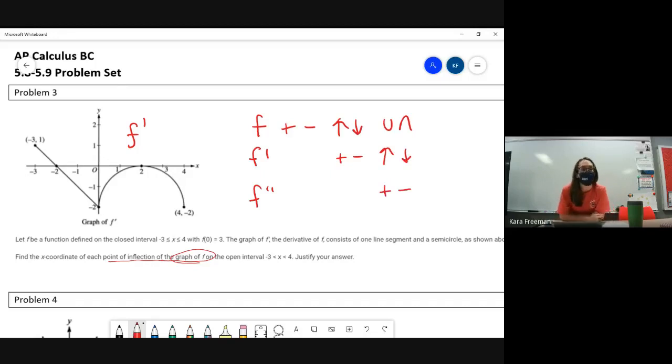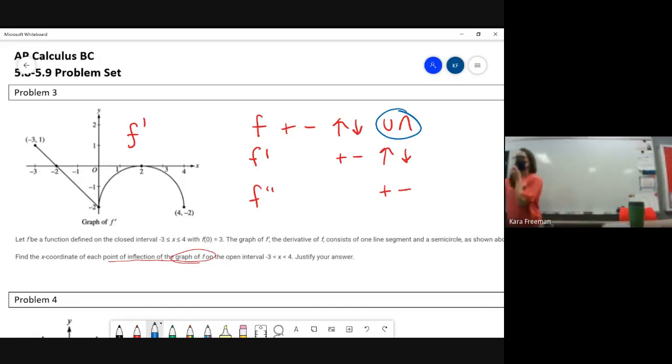A point of inflection is where the graph of f changes concavity, correct? Do you agree? So what I just circled was concave up, concave down. So what I'm looking for is when f changes concavity. What information am I given? F prime. So what am I looking for on the graph of f prime to tell me where f changes concavity?